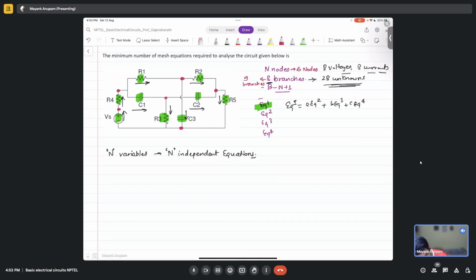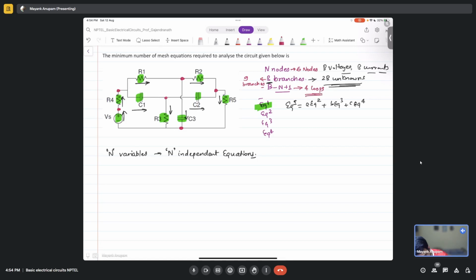So what is B minus n plus 1? How many loops can you form? Four loops you can form, right? Is that fine?